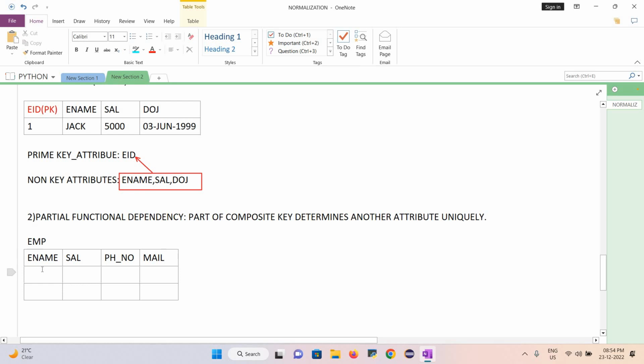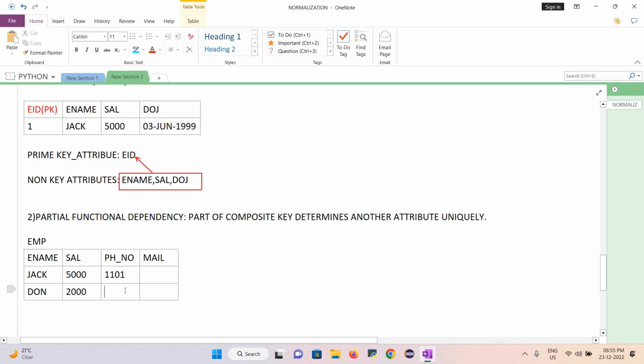Let me write Jack and Don. The salary of the persons is 5,000 and 2,000, and the phone number is just some random number I used over here.